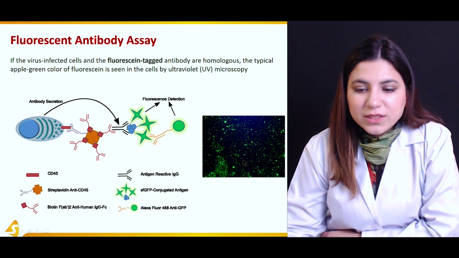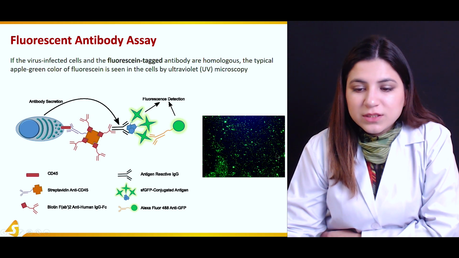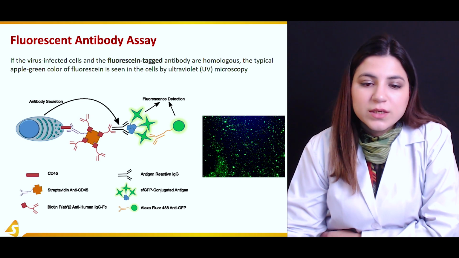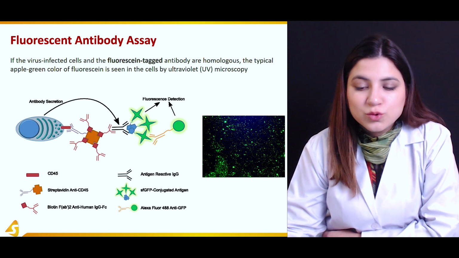That shows the cells that are not infected. That's the background, showing that there are certain cells that might not be infected, but mostly the sample contains cells that are infected by the virus, and thus the antibody is binding to those cells.